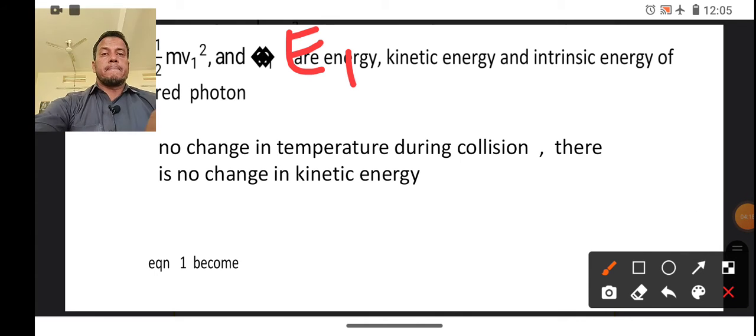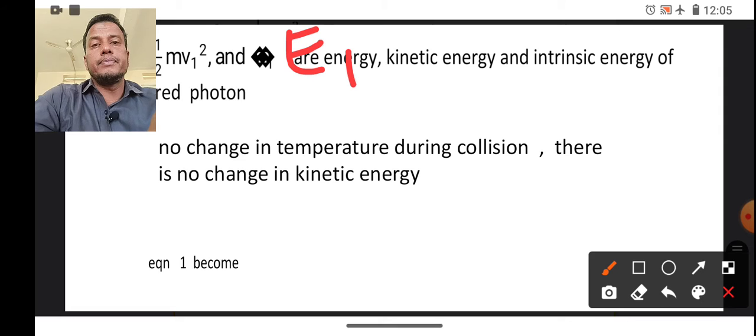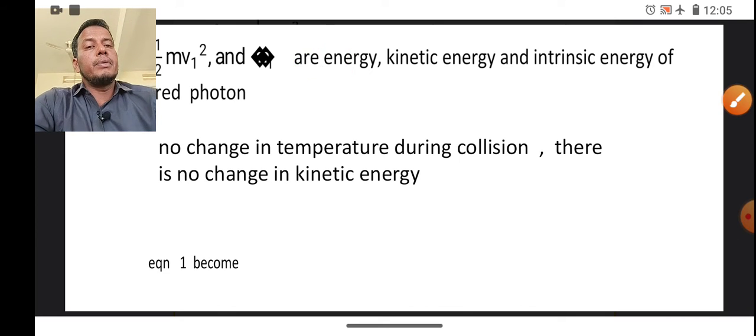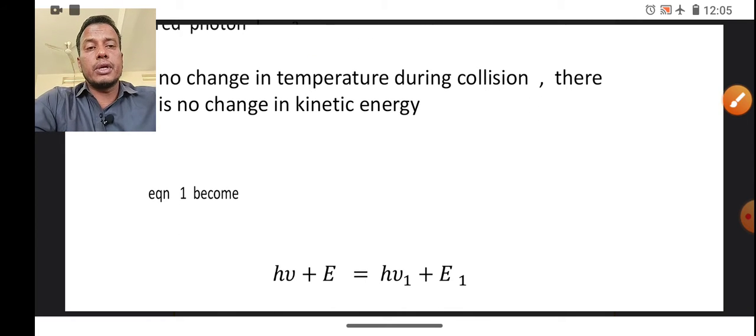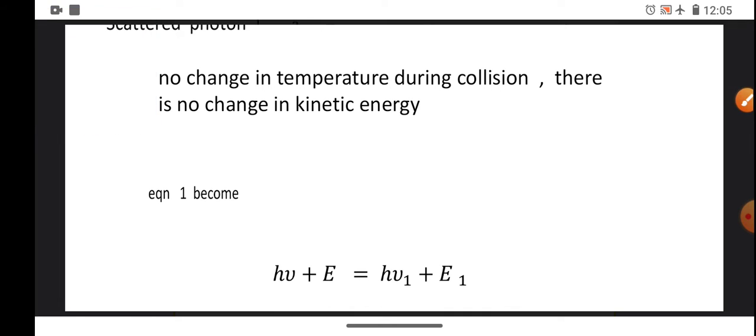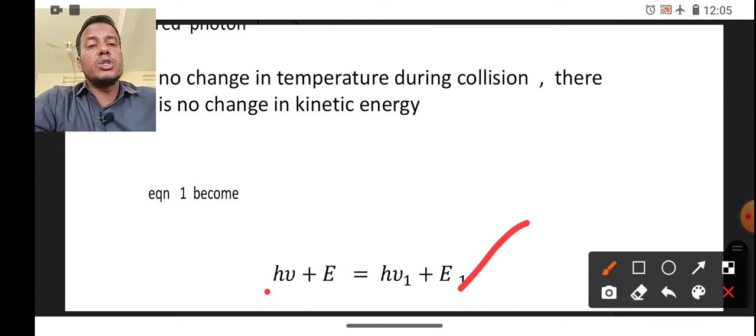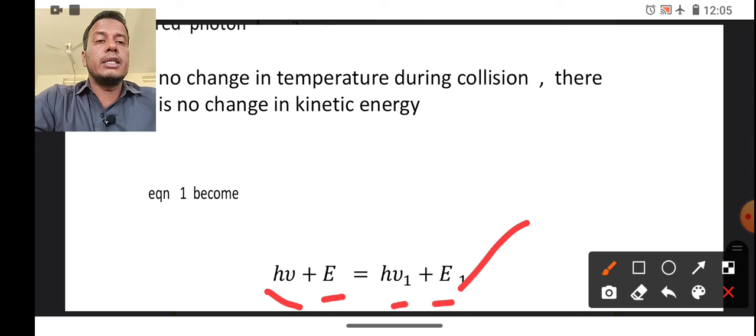When there is no change of temperature, the kinetic energies of the incident and scattered particles cancel. That leads to the equation h nu plus E equals h nu 1 plus E 1.